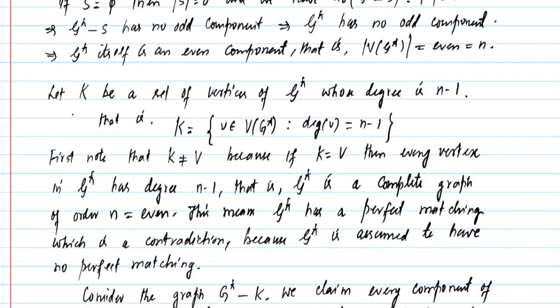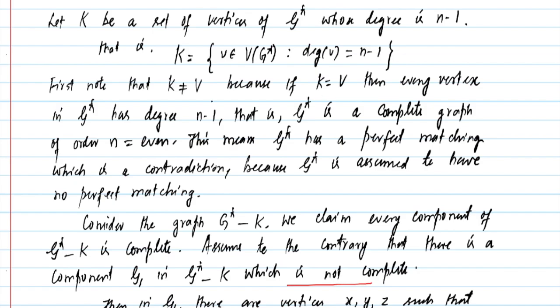Then we pick up a vertex subset K from the vertex set of G star, and this K contains those vertices of G star that have degree equal to n minus 1. Then this K will not be equal to the whole vertex set of G star because G star is an even ordered graph and it does not have a perfect matching.